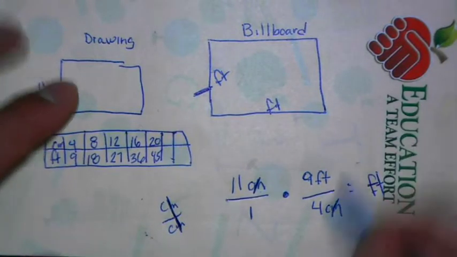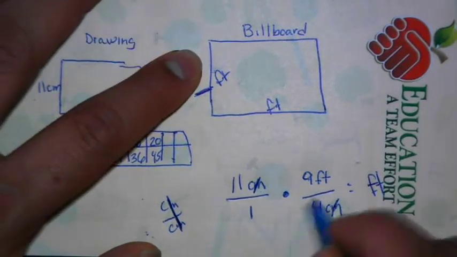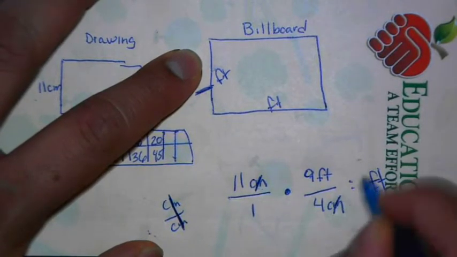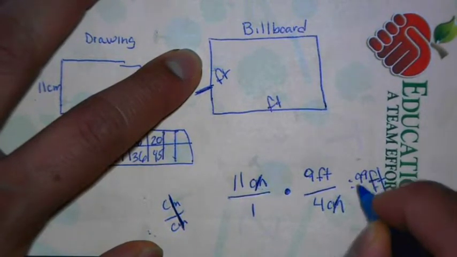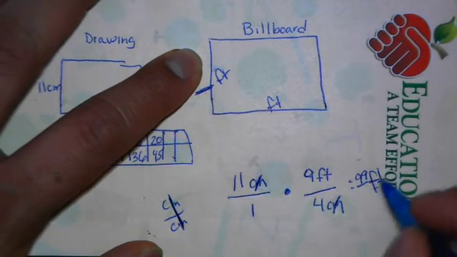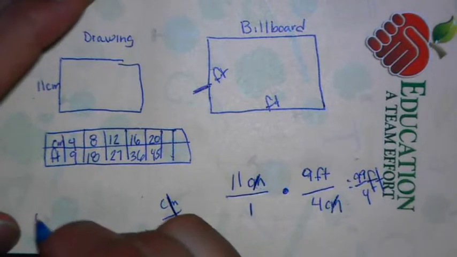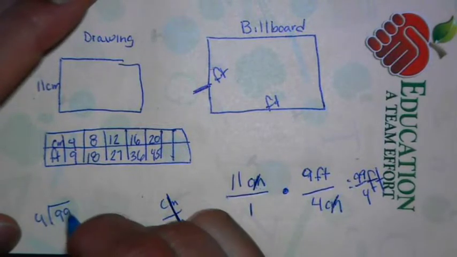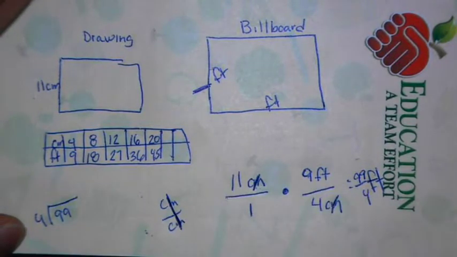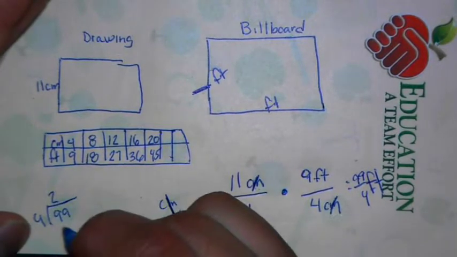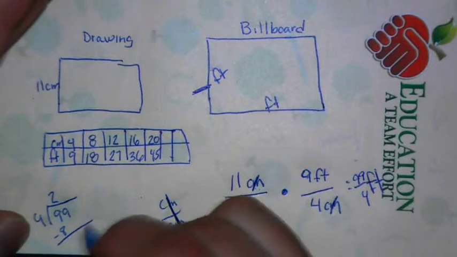So when I actually do the multiplication, I should have 11 times 9. 99. 1 times 4? 4. So I'm going to work on it over here on the side. 4 divided by 99. You guys can work on this at home as well. 4 goes into 9 2 times. That gives me 8.